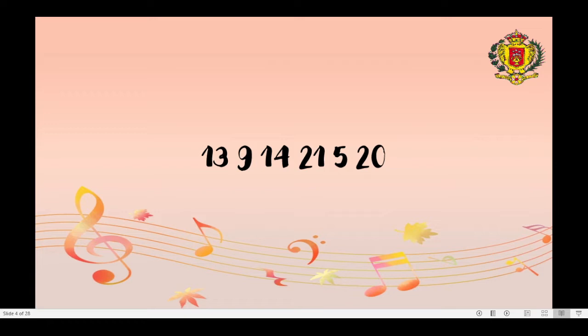Okay, so final answer in the chat box. Okay, what do you think? That is 13 is M, 9 is I, 14 is N, okay, then 21 is U. Correct. Okay. Then we have 5, which is equivalent to what letter? E. Okay. Then 20 is T.